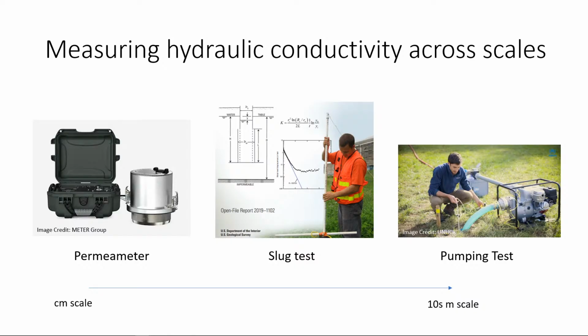A slug test would be a slightly larger scale, meters of scale, and the pumping test will give you tens or hundreds of meters of scale, depending on how big your pumping test is. Can there be a kilometer scale?